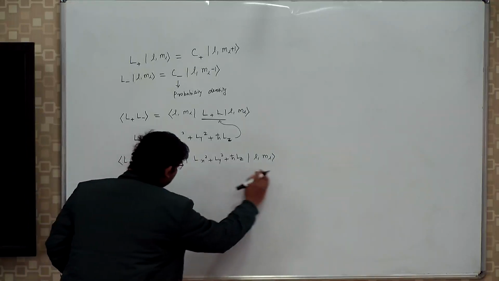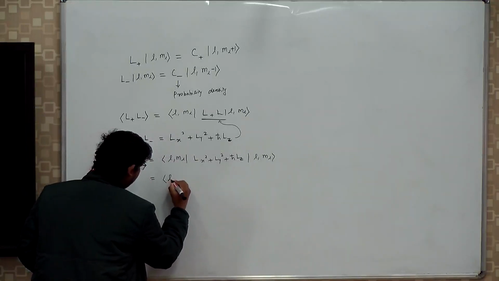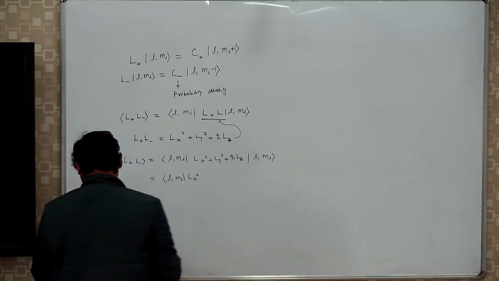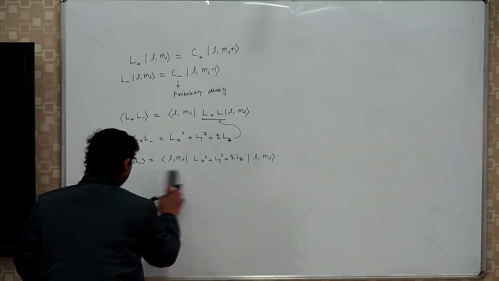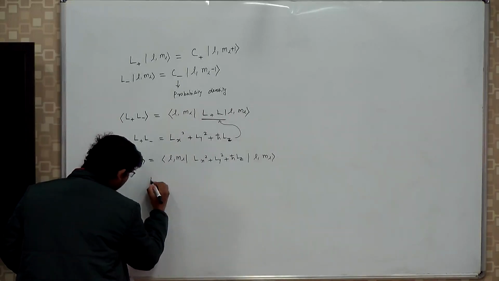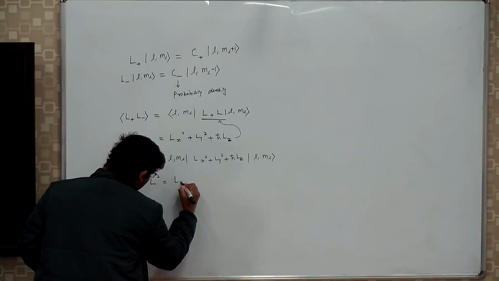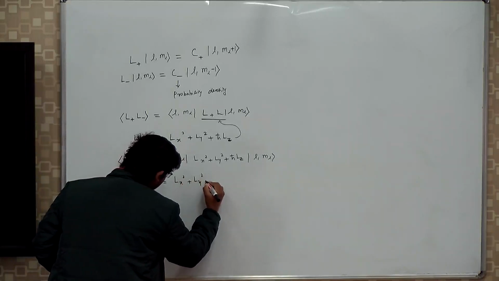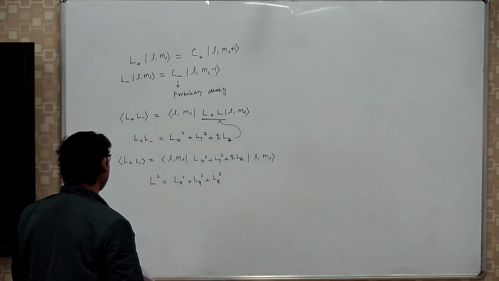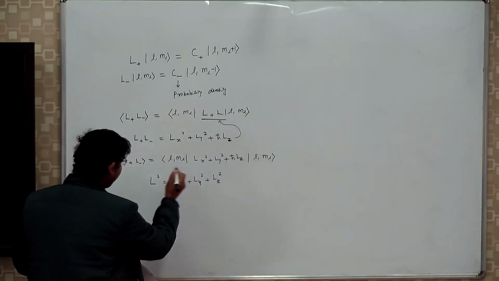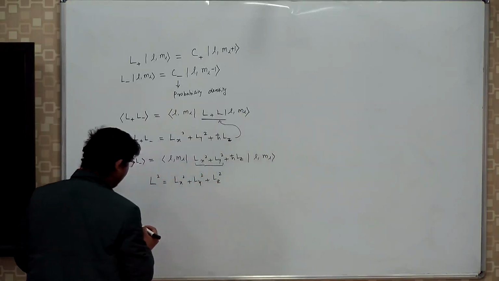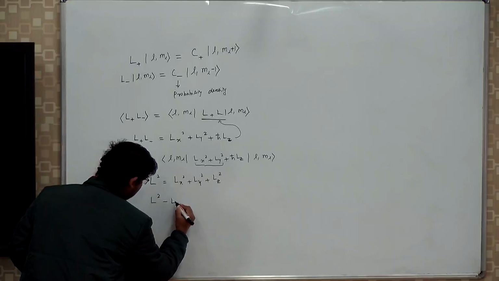Let us expand the term. Further, we know that the total angular momentum L square is also nothing but Lx square plus Ly square plus Lz square, the sum of squares of angular momentum in all the components x, y, z. From here, one can easily find the value of Lx square plus Ly square: L square minus Lz square.